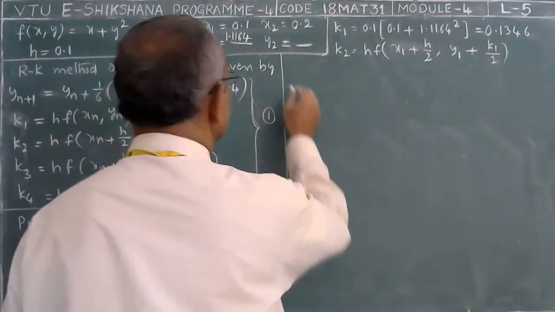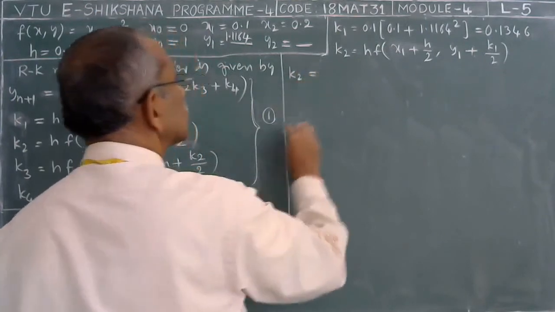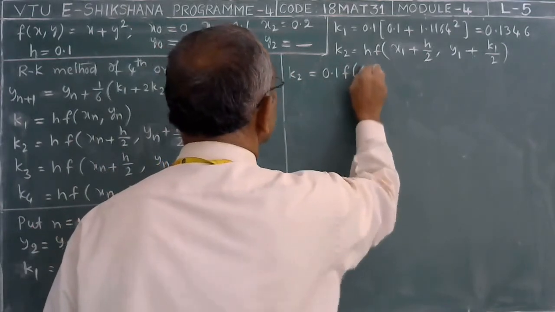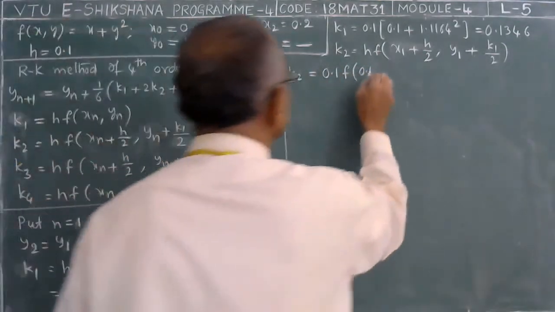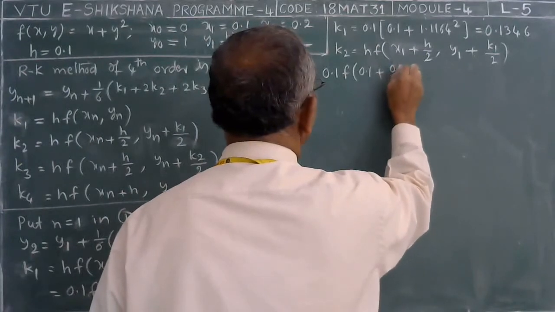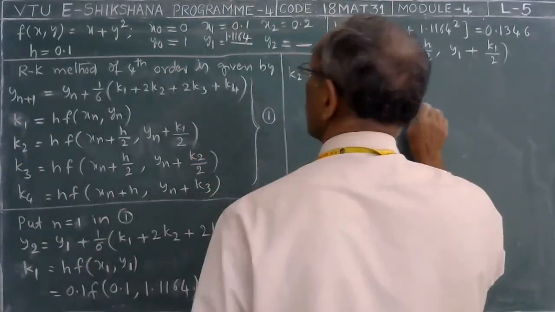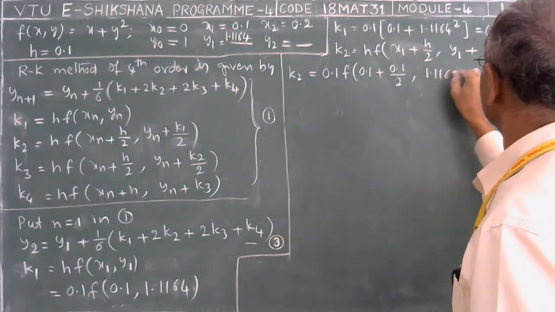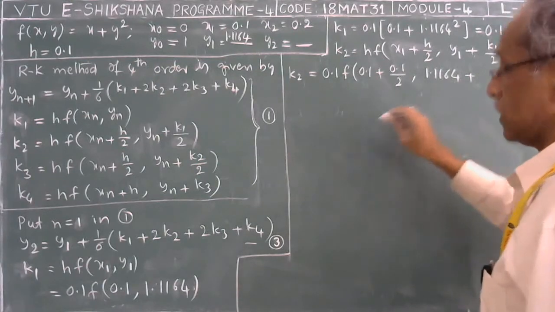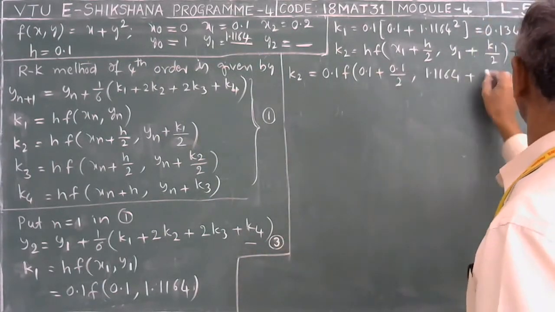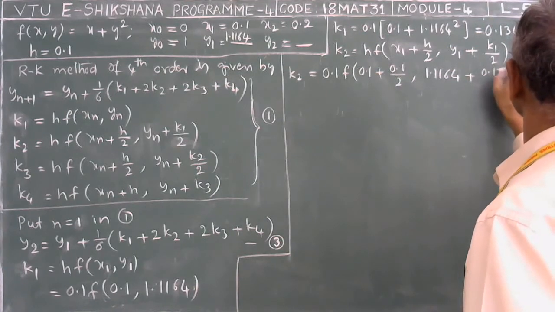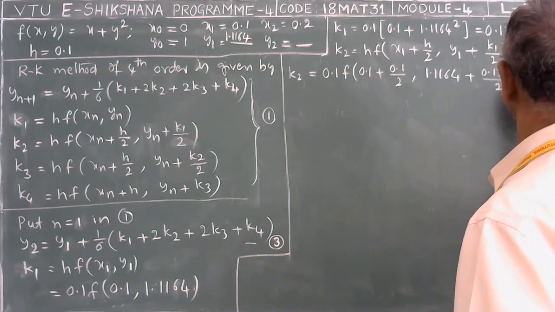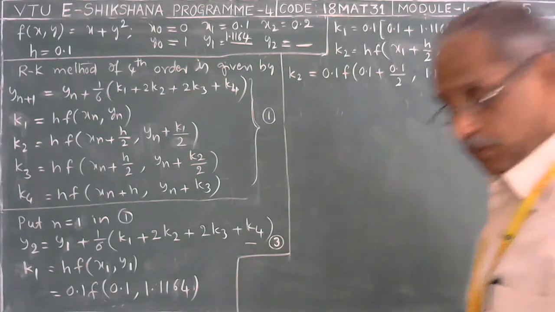Okay. Now let me substitute the values. So K2 is equal to h, which is 0.1, into f of x1, which is also 0.1, plus h by 2, 0.1 divided by 2, comma, y1, which is 1.1164, plus K1 by 2, K1 is 0.1346 divided by 2.